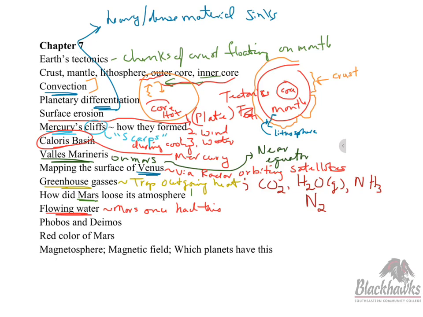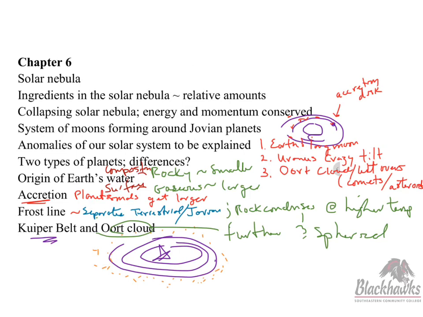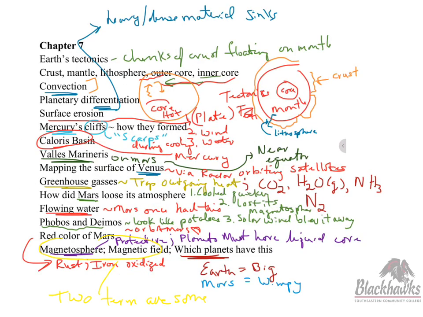So then I go back in green and say, how did Mars lose its atmosphere? And I kind of walk stepwise through it. I said, first it cooled down, and then it lost its magnetosphere, and then it was at the mercy of the sun.